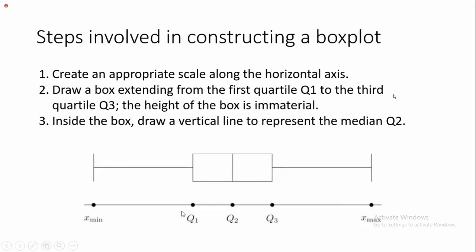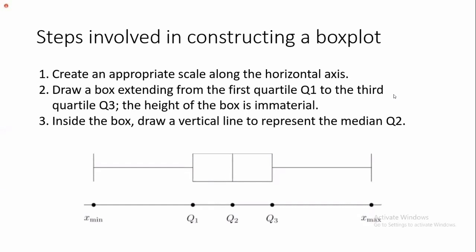You know, this is the horizontal axis or x-axis, that straight line, and draw a box extending from the first quartile to the third quartile, Q3, and the height of the box is immaterial.